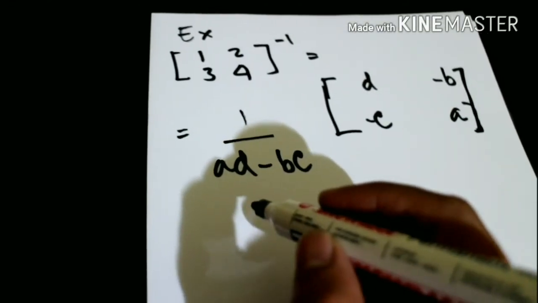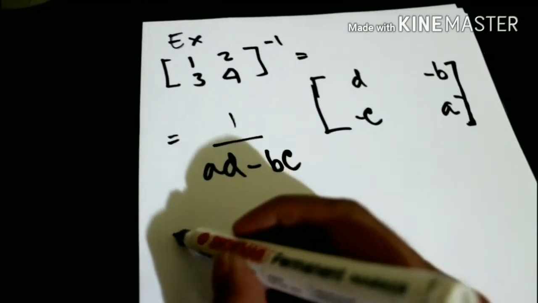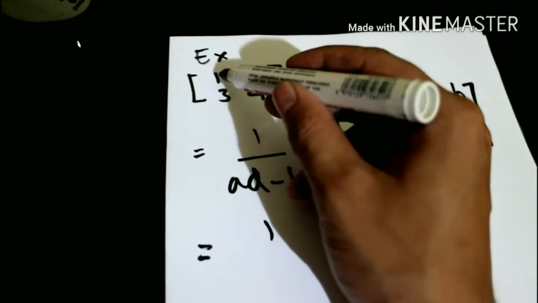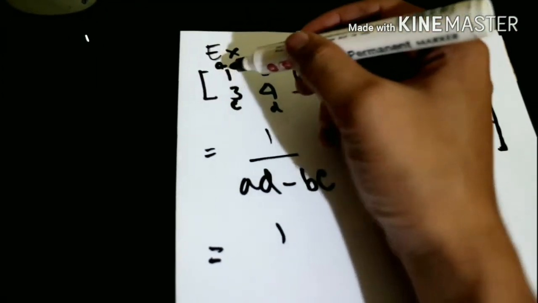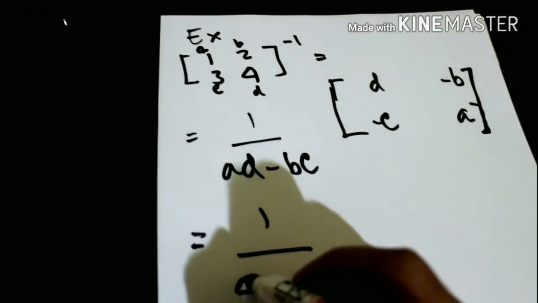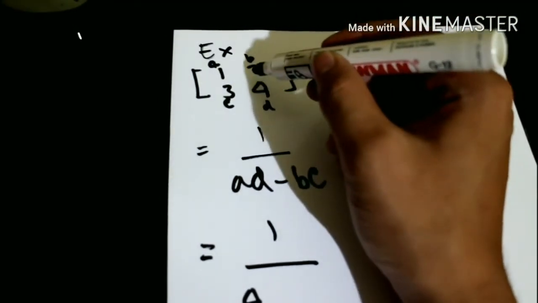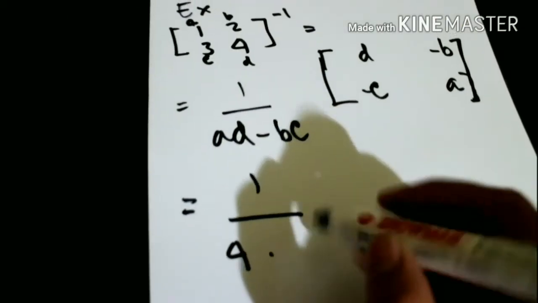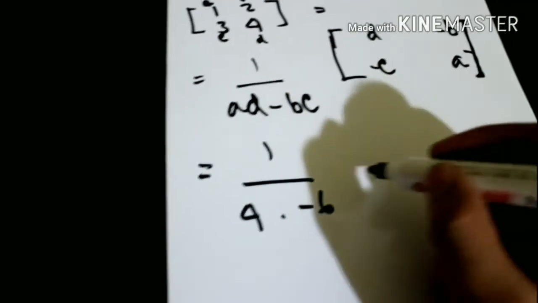Then we put the numbers into this. Okay, 1 over ad minus bc: a times d, which is 4, and then 2 times 3, which is negative 9.